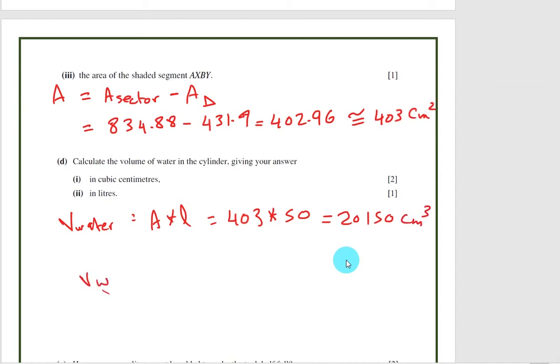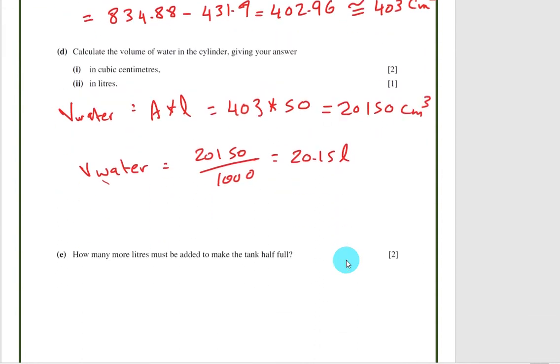And the volume of water is 20,150 divided by 1,000. So it will be 20.15 liters.